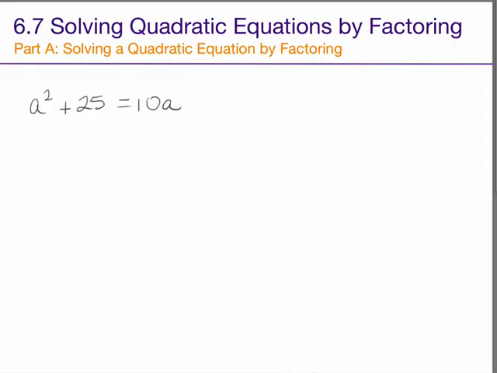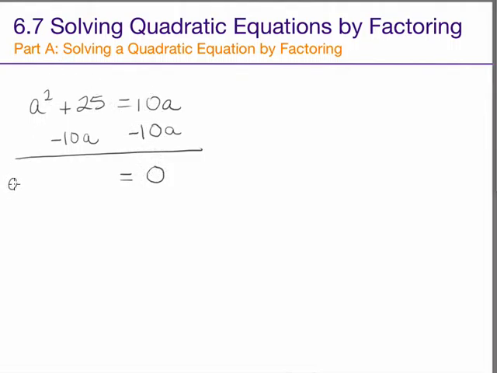Since what I need is for it to be equal to 0, let's get rid of everything on the right-hand side. If I subtract 10a from the right-hand side, I must also subtract 10a from the left-hand side of the equal sign. Now, my right-hand side is 0.